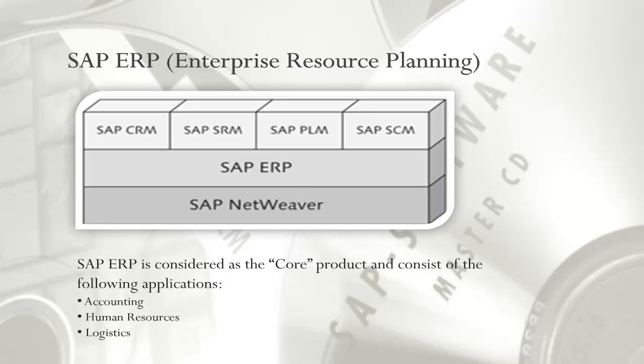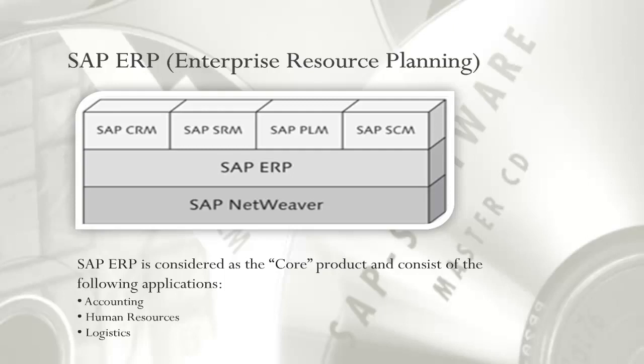The SAP Business Suite is comprised of several varying components. However, not all are considered to be its core applications. SAP's core applications are contained within the SAP ERP component.